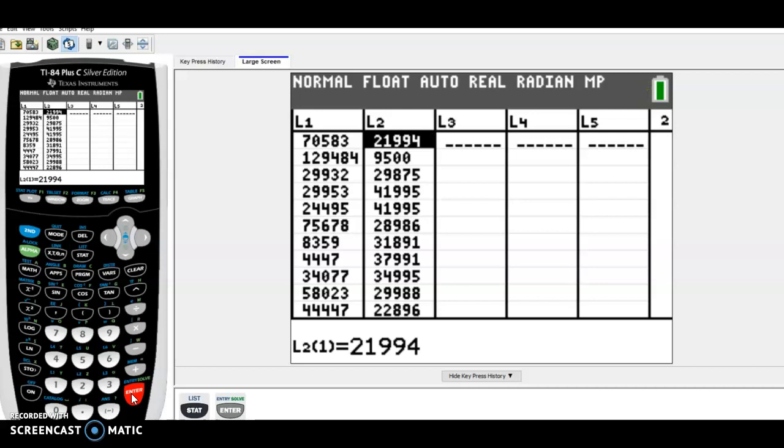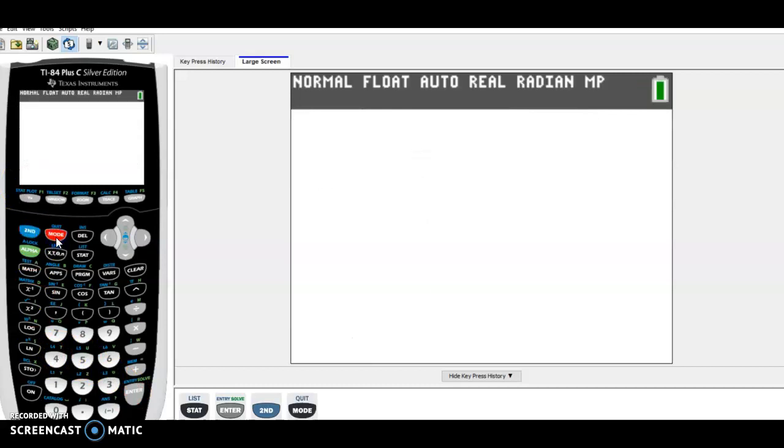So list 1, my miles driven, is my explanatory variable, and based on the mileage, this is the price that was recorded whenever these vehicles were sold. And again, the expectation is for a negative association. So as my explanatory variable is increasing, the more miles there are in the vehicle, my response is decreasing.